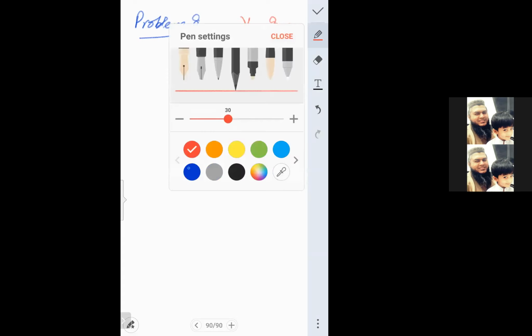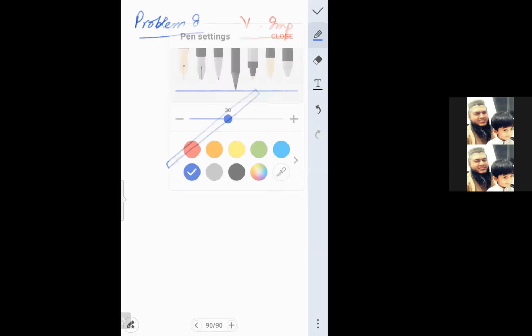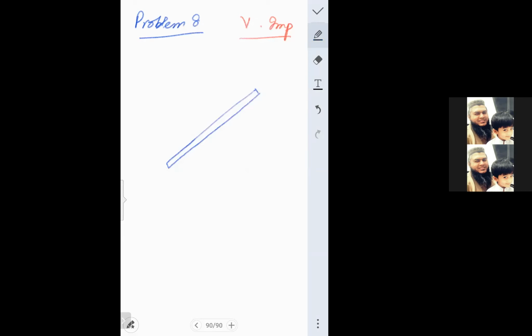First, we draw a free body diagram. A free body diagram is the diagram of the body on which all the forces are acting, taking the body in isolation.